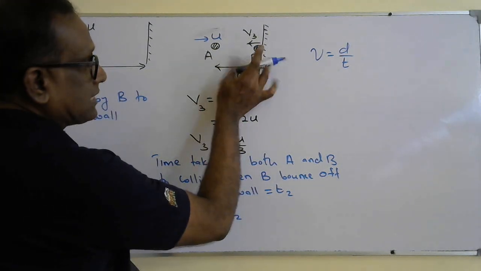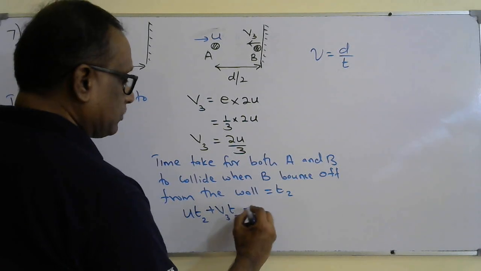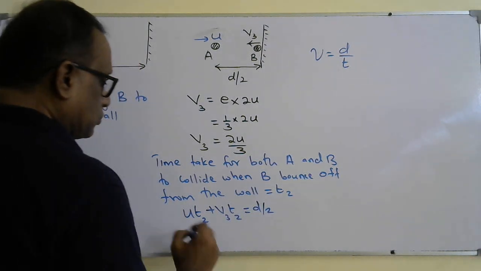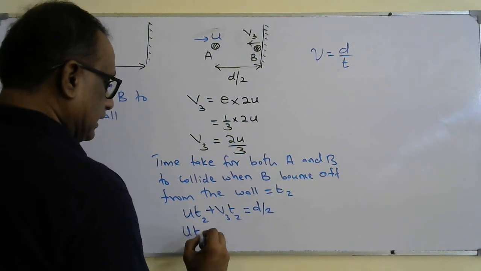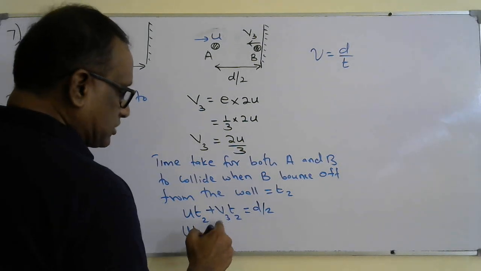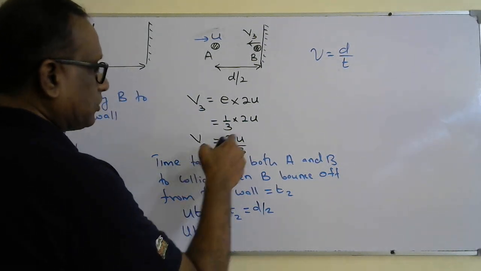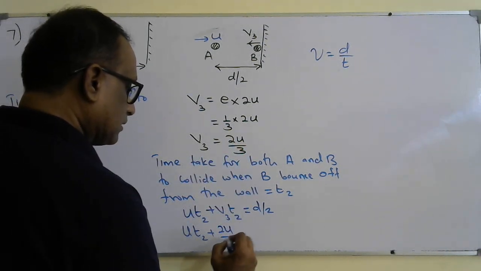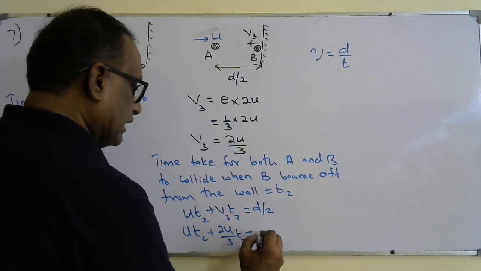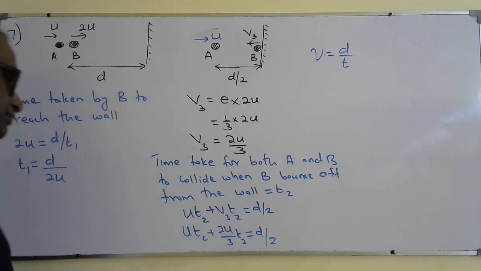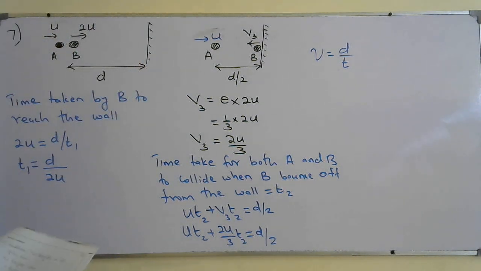So the total distance traveled when they collide is D by 2. So U T2, instead of V3 I can substitute 2U by 3, T2, equals D by 2. So we'll find the T2 now.